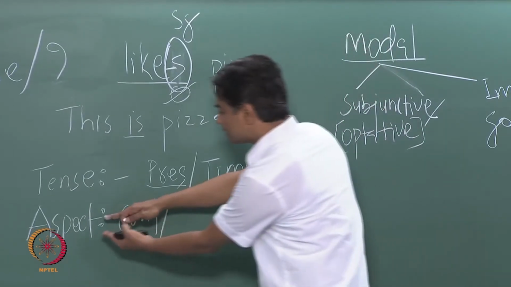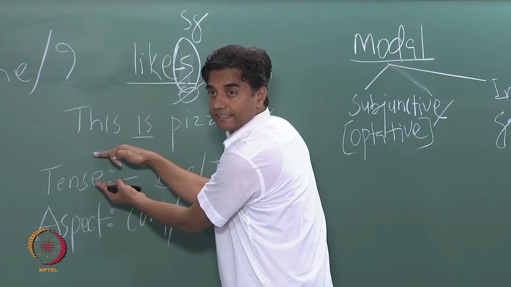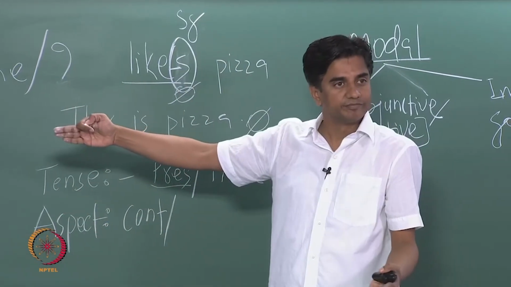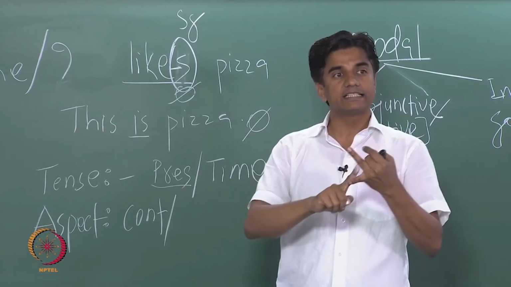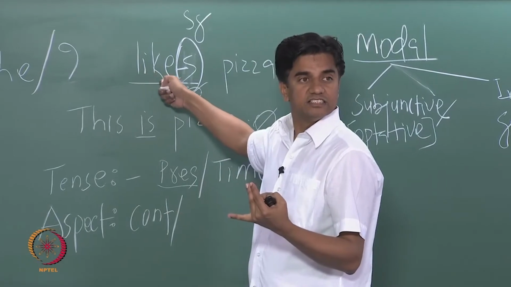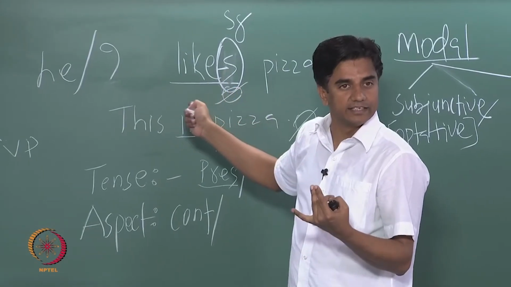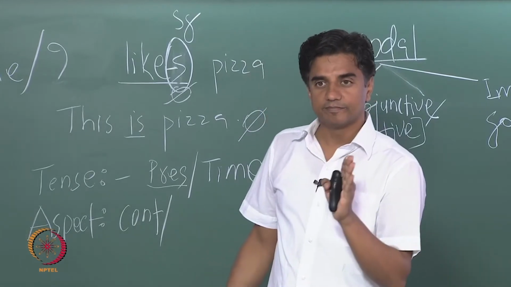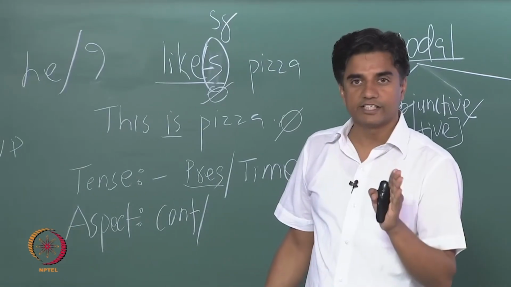Aspect is different from tense because we can take any tense and any aspect and make a sentence. So I can take a present tense and continuous aspect. I can say I am eating pizza, right?